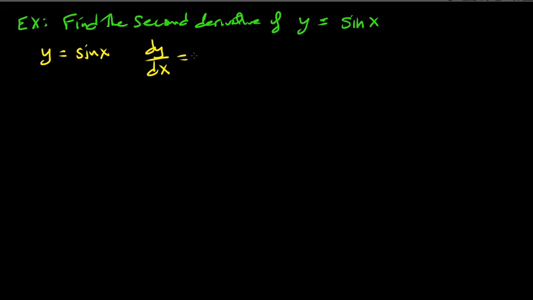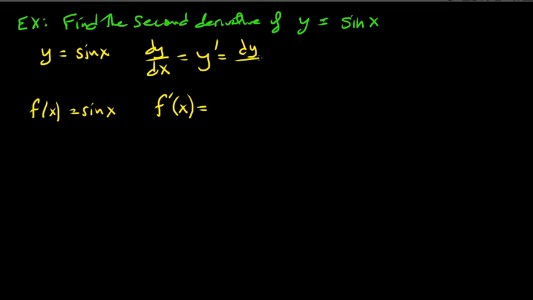some of you might be wondering, can I just write y prime? After all, if f of x is sine of x, then we usually represent the derivative as f prime of x. I'm okay with this as long as you're sure you know what the independent variable is. There's a little bit of an ambiguity here. What do we mean by y prime? We'll talk about that later, because what if this is sine of t?